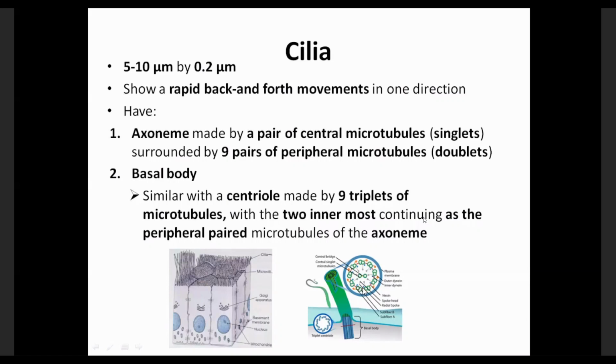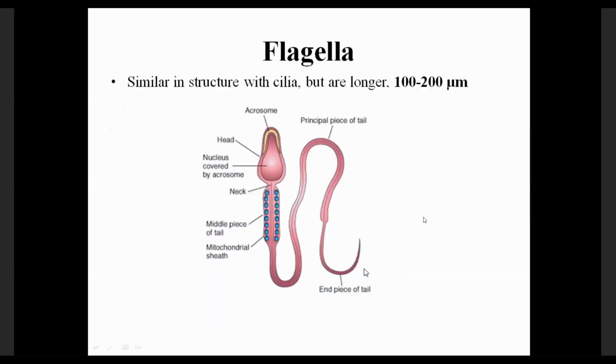By doing so, they are able to move structures present on top of them. We have in some cells, some other cells in us, in mammals, they are present. In us, we have only on sperm cells what are named as flagella.